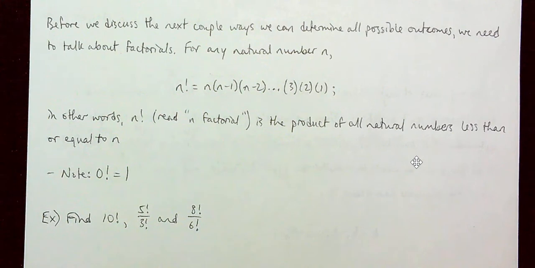An interesting note: despite our definition that we have to have a natural number, and 0 is not a natural number, you would think that 0 factorial would be 0. It's not. 0 factorial is 1. In mathematics, there are several instances where values just don't seem to make sense.